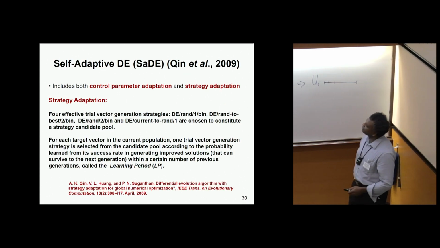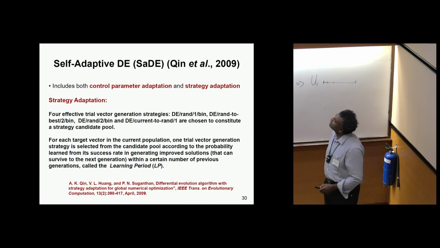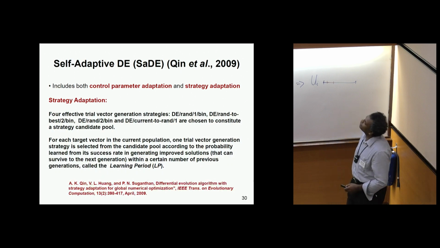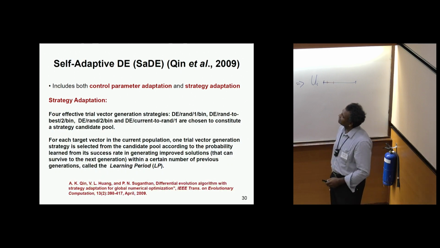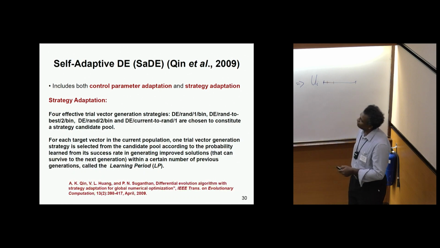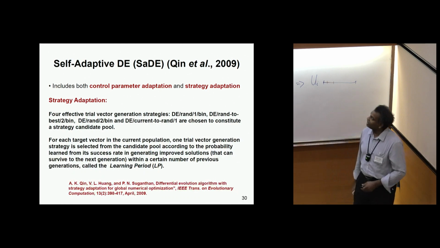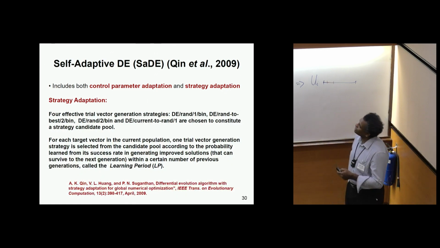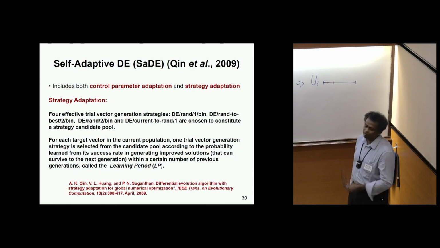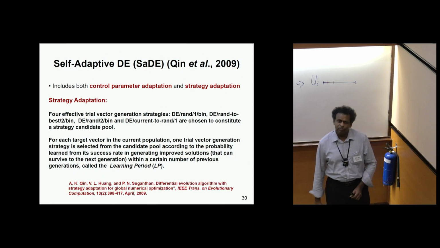So this is one of the works we published, self-adaptive differential evolution. The first version was published in a conference in 2005, and this is the journal version. This version was popular because this was the first paper to explain how you can select between mutation operations.